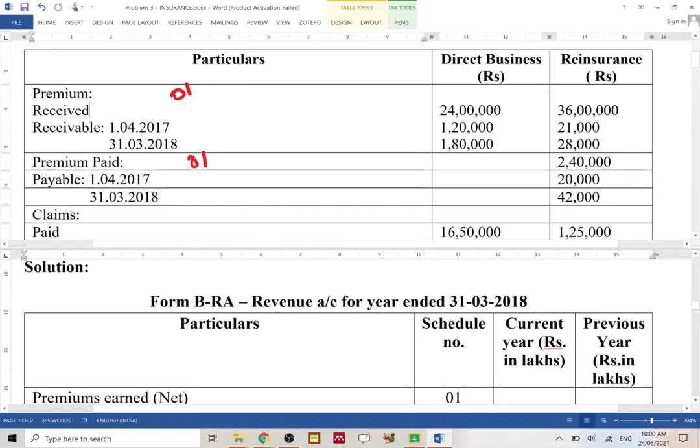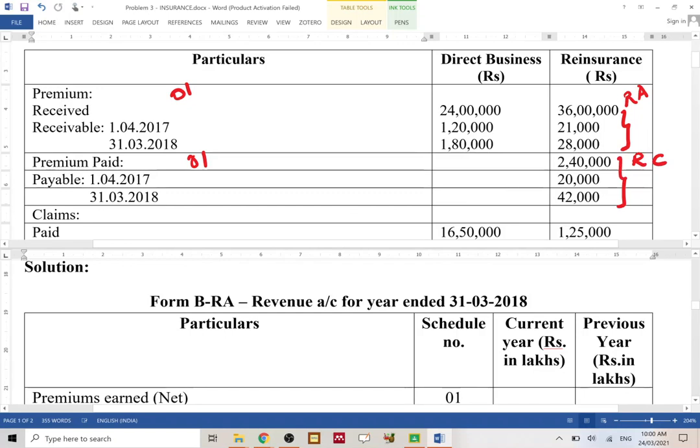In the reinsurance column, the premium received given is on reinsurance accepted. I will write it this way, RA and RC. Same way, all of these are on reinsurance accepted, outstanding for the previous year and outstanding for the current year. But if you pay premium, that means it is on reinsurance ceded.